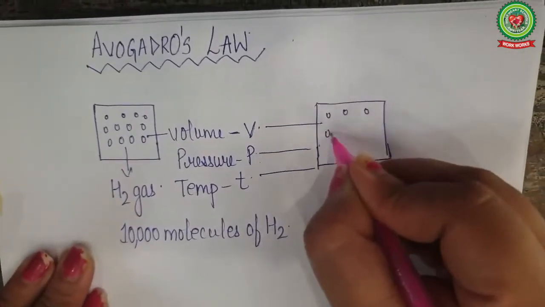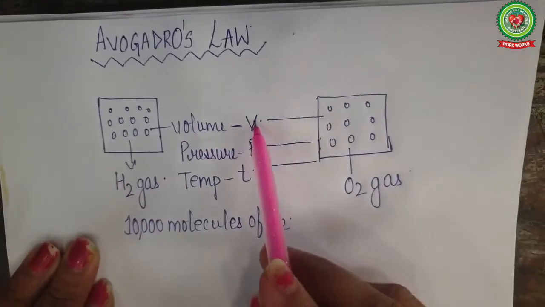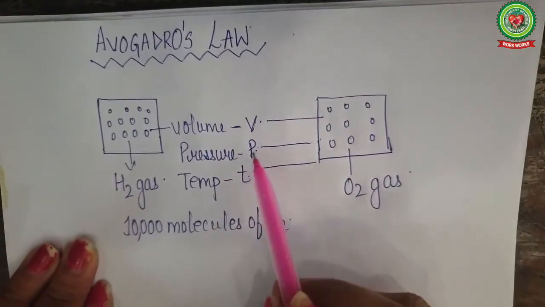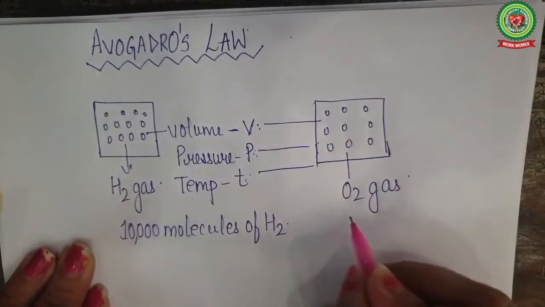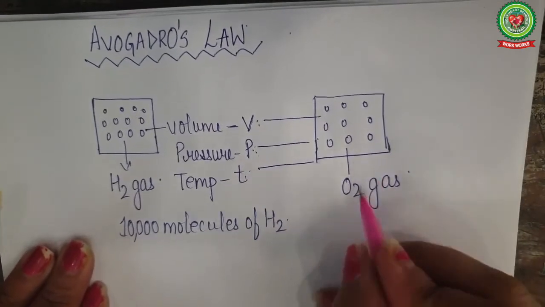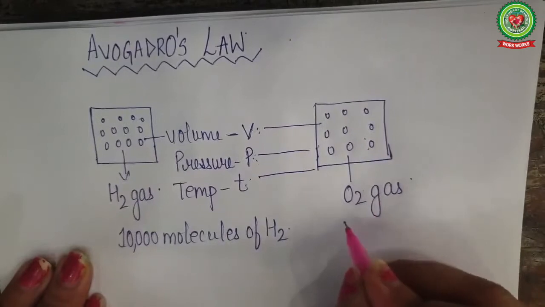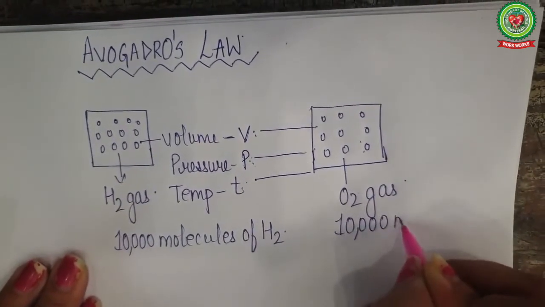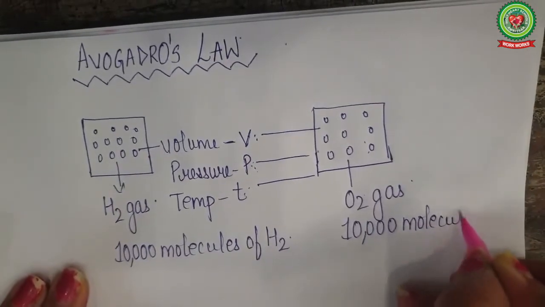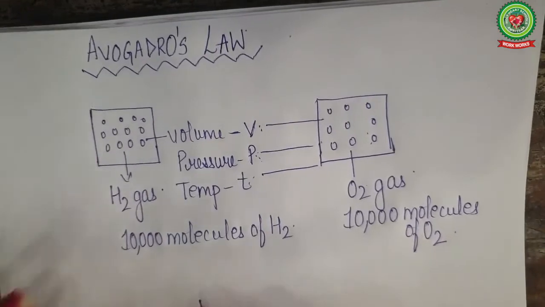So it contains molecules of oxygen now. When pressure and temperature are the same and volume is also the same, the number of molecules is also the same. It means if oxygen is there in the same container, it also contains 10,000 molecules of oxygen.